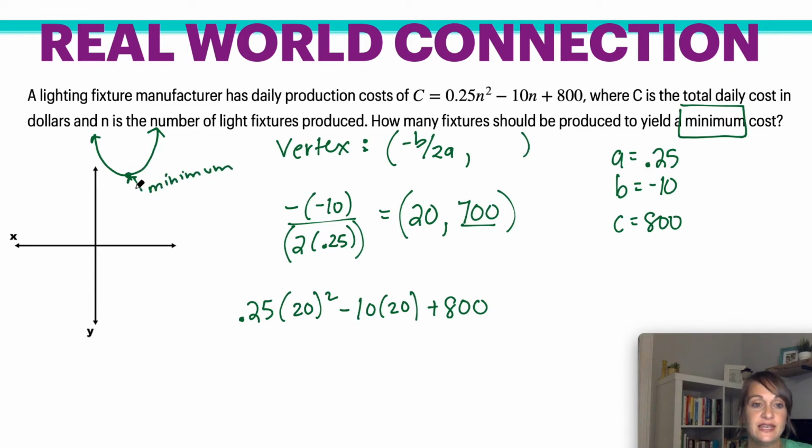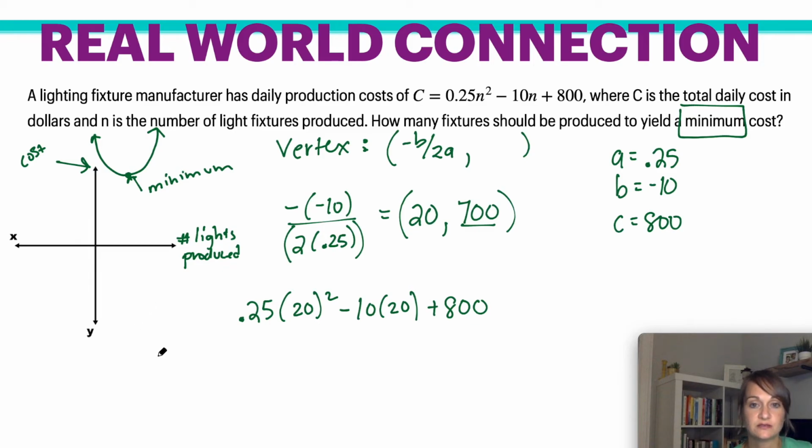Now, n represents the number of lights produced, and c represents the cost to produce them. So to find out how many light fixtures yield a minimum cost, the light fixtures is going to be my x value, which is 20.